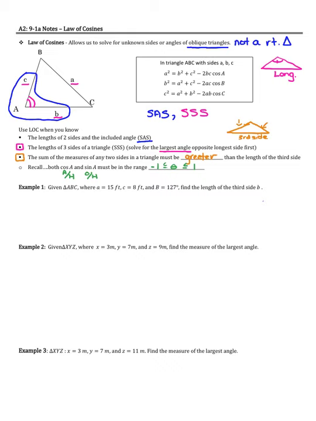Up here we have the three different forms. Notice that the first, a squared equals b squared plus c squared, that's really the Pythagorean theorem, because the Pythagorean theorem is a subset, actually, of the law of cosines. If you were to take the cosine of a 90-degree angle, it would be 0.